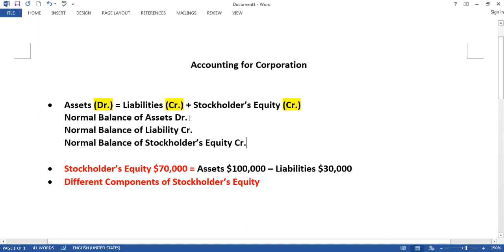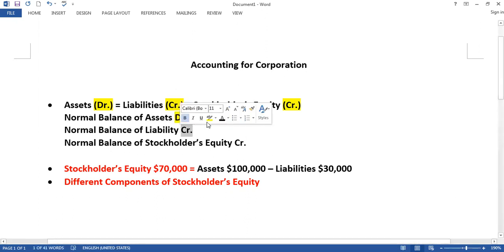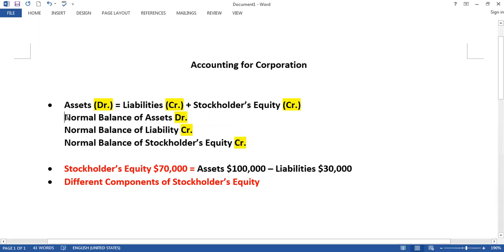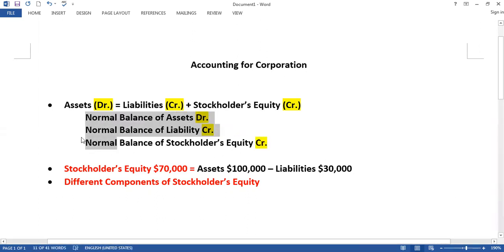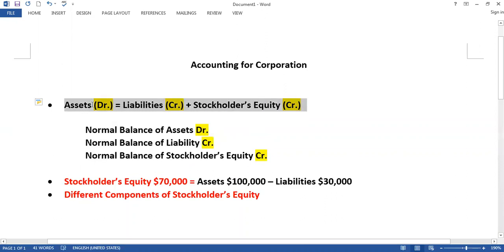Very, very important concept in accounting. Normal balance of asset is debit, normal balance of liability is credit, and normal balance of stockholders' equity is credit. So it came from the accounting equation, and this is the accounting equation.